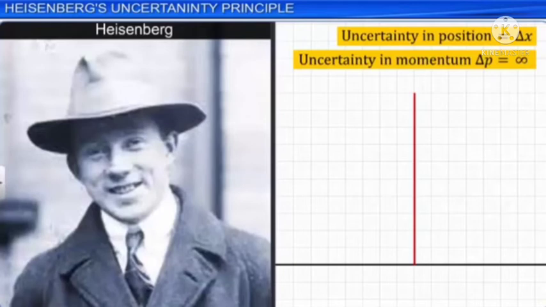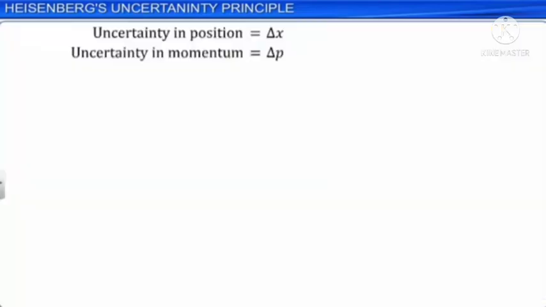If delta x and delta p represent the uncertainty in the position and momentum of a particle, then, according to the uncertainty principle, delta x times delta p is greater than or equal to h cross by 2.